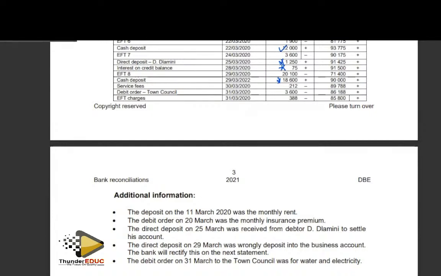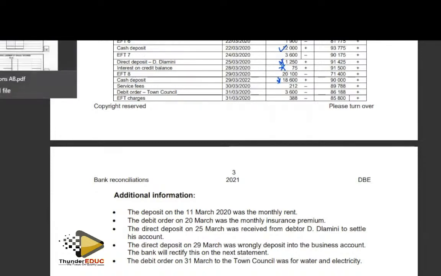Another item was for interest. We received interest from the bank, 75 Rand. You see that? Remember, whenever you deposit, you keep money on your account, they always give you interest. Interest is that amount you earn because of keeping money on your account, right? So the banker gave us some interest. We received the interest of 75 Rand, okay?